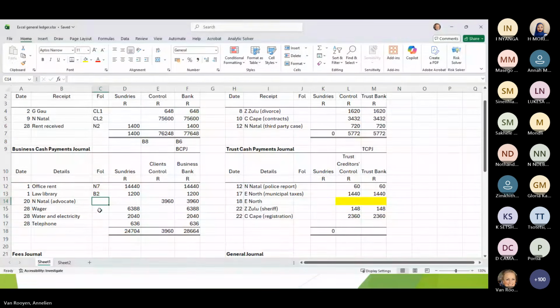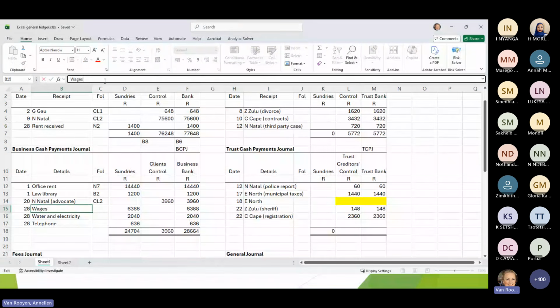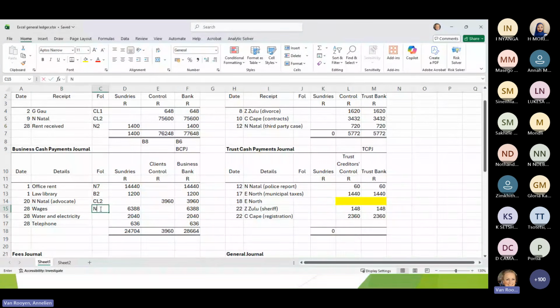Wages, in this case, nominal number 6. Water and electricity, nominal 5. Telephone number 4. Clients control, we had the same at the top, B8. Same as there, B8. And this then must obviously be B6. It will all make sense to you once I show you the general ledger itself, but then at least you know where this is coming from.